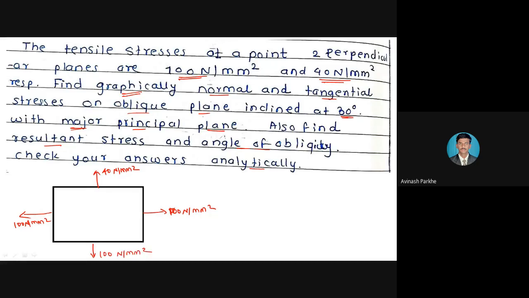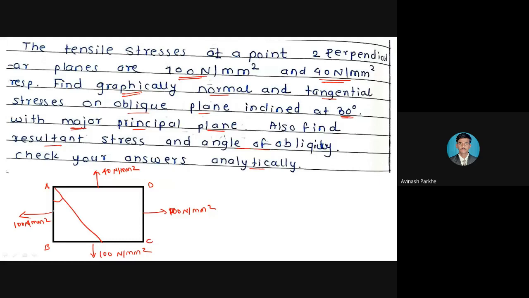Then we have to calculate normal and tangential stress on the oblique plane. They have not mentioned where the oblique plane is, so this is point A, point B, point C and point D. From point A, I will draw this oblique plane, at an angle made by the oblique plane with the major principal plane.